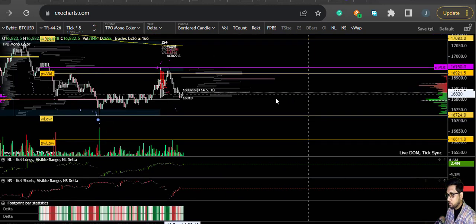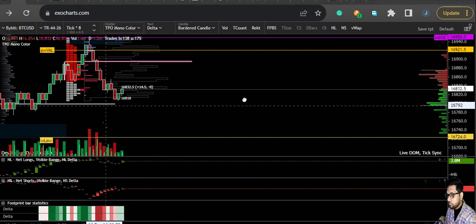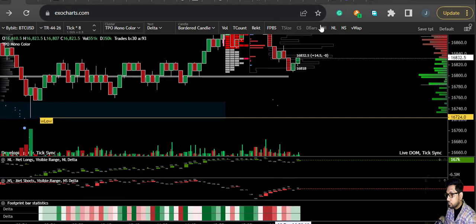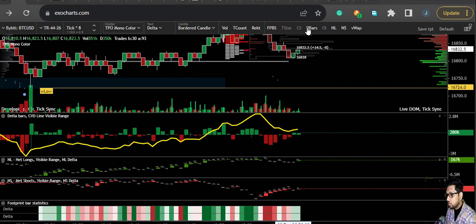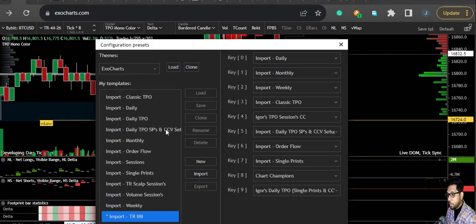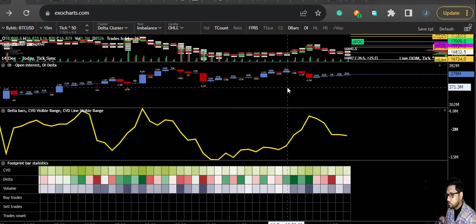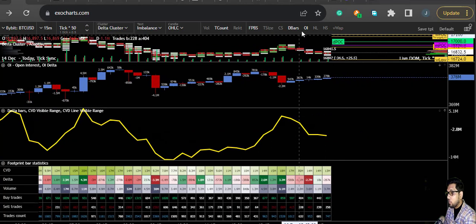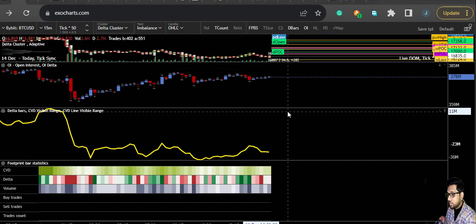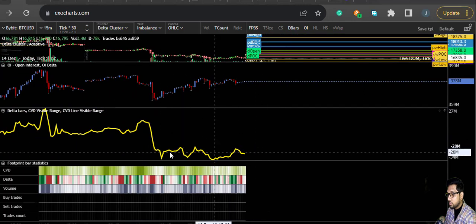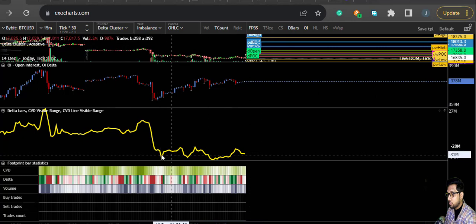Also, if you can see here, yeah, why I was saying that I have not seen any sign of strength is because the CVD is really neutral right now, just ranging.